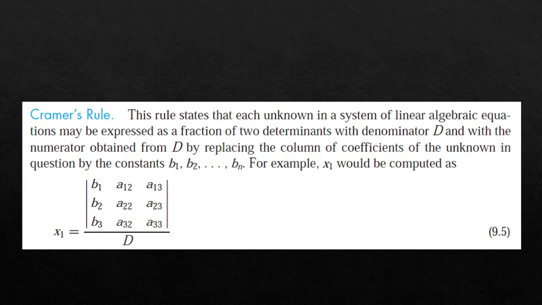For example, x1 would be computed with column 1 replaced by the constants b1, b2, and b3, giving a new matrix, and you divide it by the determinant D, and you can compute the x1.